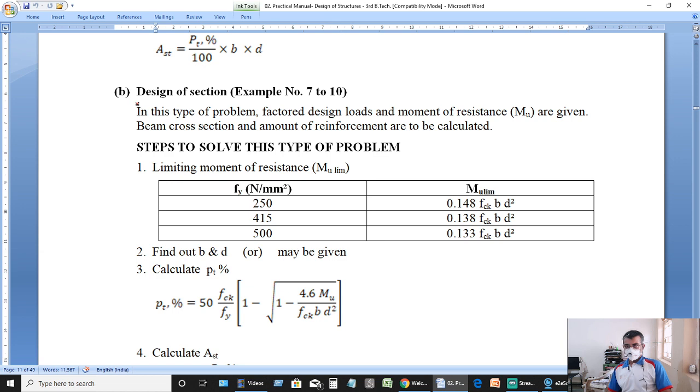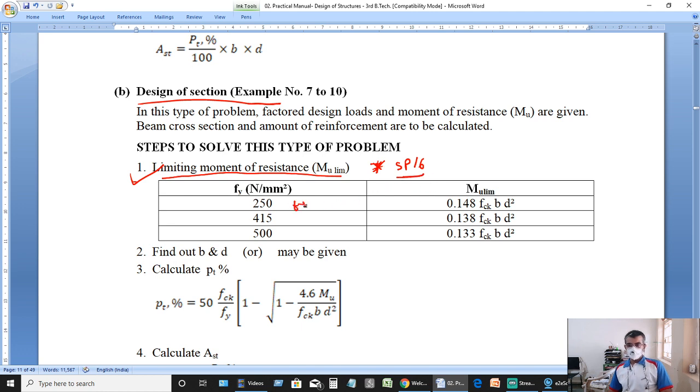Now we have another type of problem, that is the design of section. In design of section, we have different steps. The first step is that you should find out the limiting moment of resistance for the different grades. These are the equations that are given in SP 16.